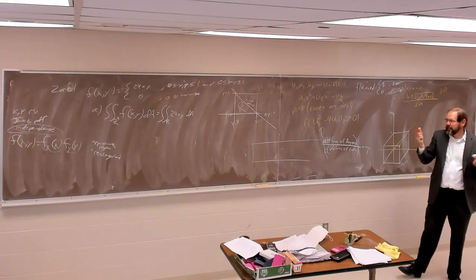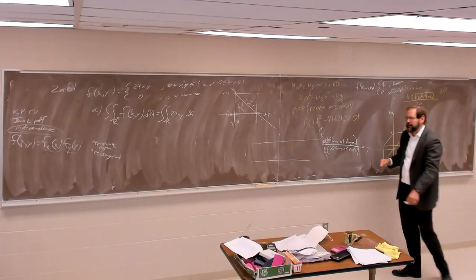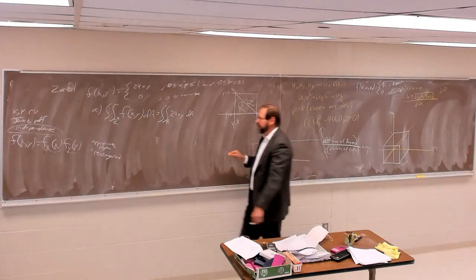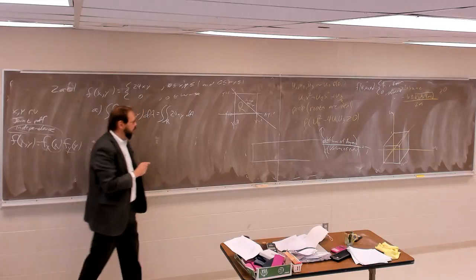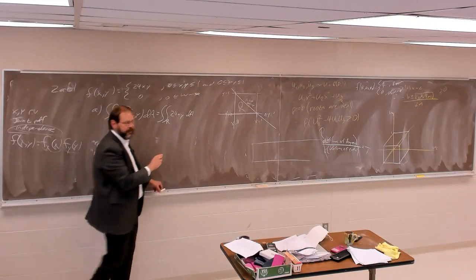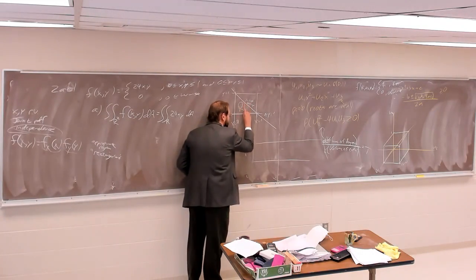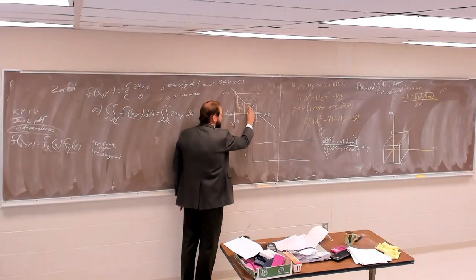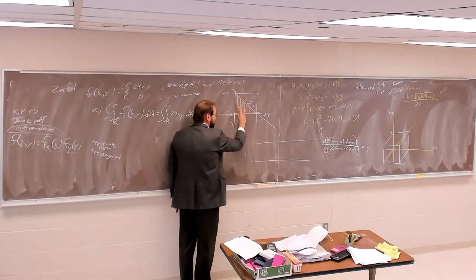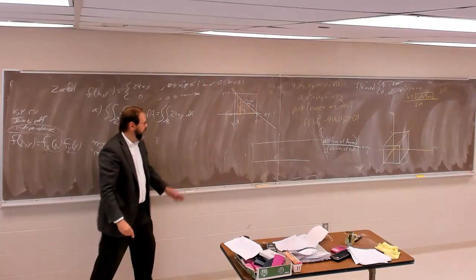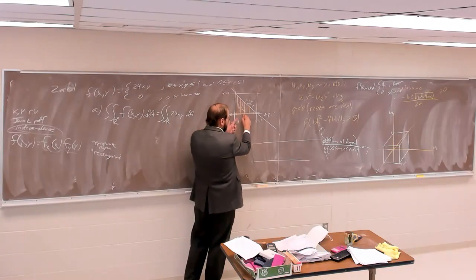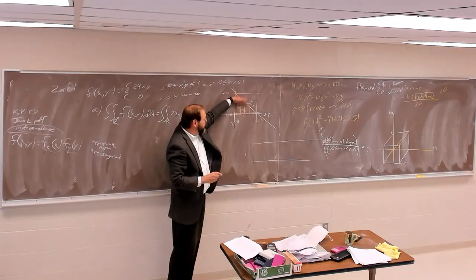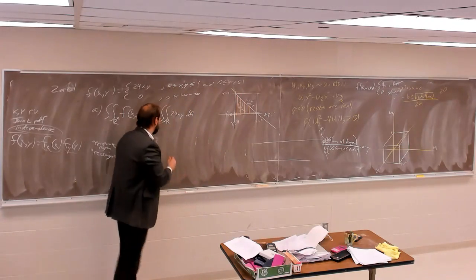Does it seem like it matters? Everything seems very symmetric, so it doesn't really matter. I always integrate with respect to x first, so let's integrate with respect to y first. Which means if I fix an x value, then I'm going to integrate over a line like this.